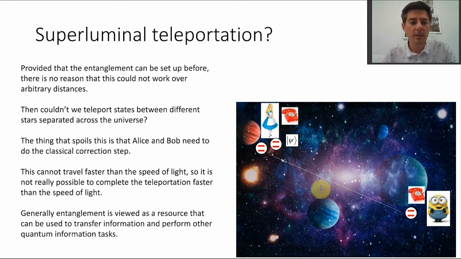Right? But the only catch is that in order to complete your teleportation protocol, you need to do that classical correction step. Unless you phone up Bob and tell him which measurement outcome you got, you can't complete the protocol, and because that classical step can only go at the fastest speed, which is the speed of light, you basically can't complete the protocol until you get that classical message.